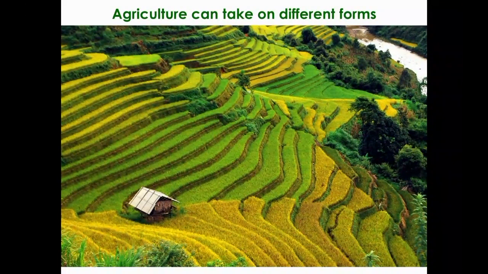Indeed, in all these examples, there's a lot of artificiality in these landscapes, in the sense that we've changed the landscape, we've shaped the landscape for these agricultural requirements. So we've moved away from what was the previous natural, traditional landscape.